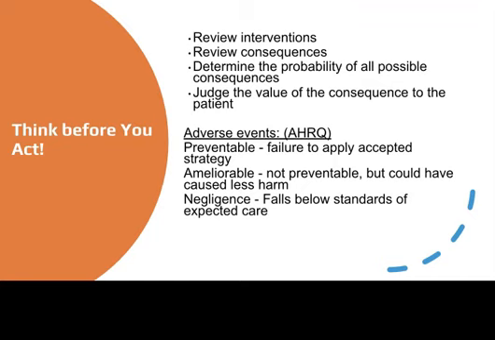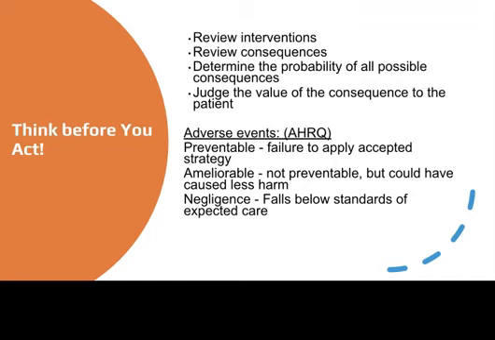The Agency for Healthcare Research and Quality identifies 3 categories of adverse events. One is preventable adverse events, those that occur due to error or failure to apply an accepted strategy or prevention. So you did not apply the right intervention. It wasn't accepted, it wasn't reliable.